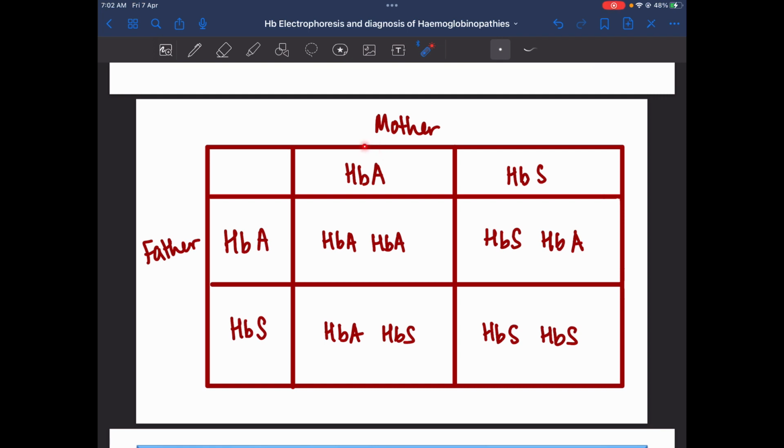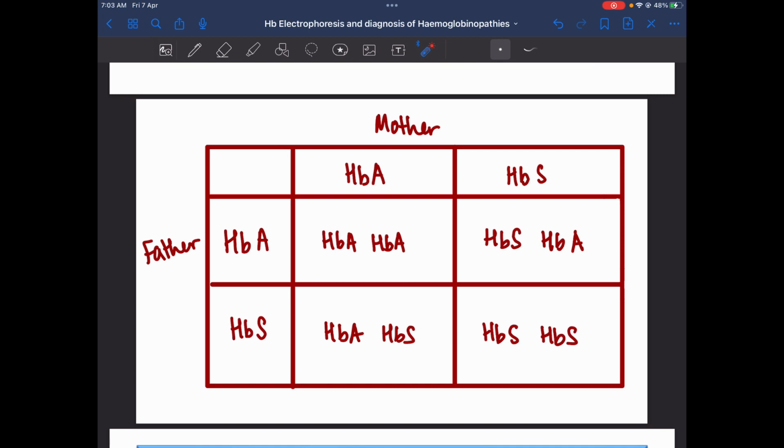If an egg that carries an HbA was fertilized by a sperm that was HbA, your child would be completely normal. On the other hand, in these two conditions, the child would be a carrier or have sickle cell trait. And then we have this child right here, who, because he inherited the HbS from his mom and the HbS from his dad, now actually has sickle cell disease.